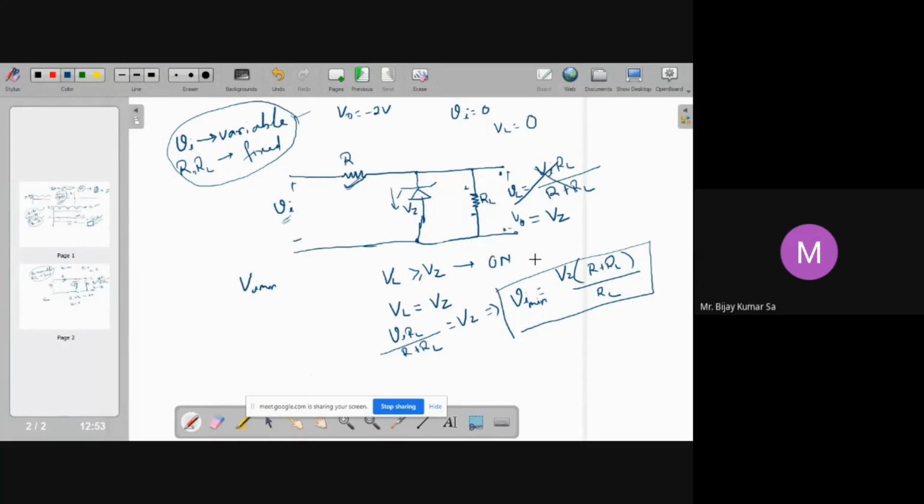Let me state it once again. For VI minimum, this RHS goes to VZ. So VL is equal to VZ for VI minimum. VL equal to VZ means the diode is already on.